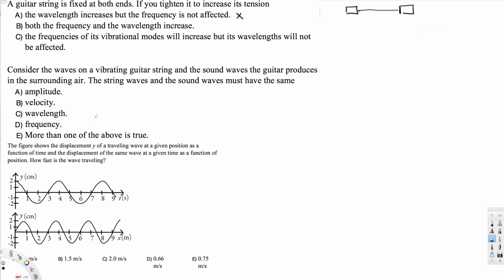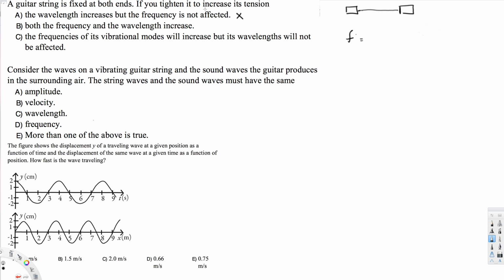So we have a guitar string that is fixed at both ends, and if you tighten it to increase its tension, what happens? The first is saying the wavelength increases but the frequency is not affected. Not true, because there's an equation related to tension. Tightening means increasing the tension, right?